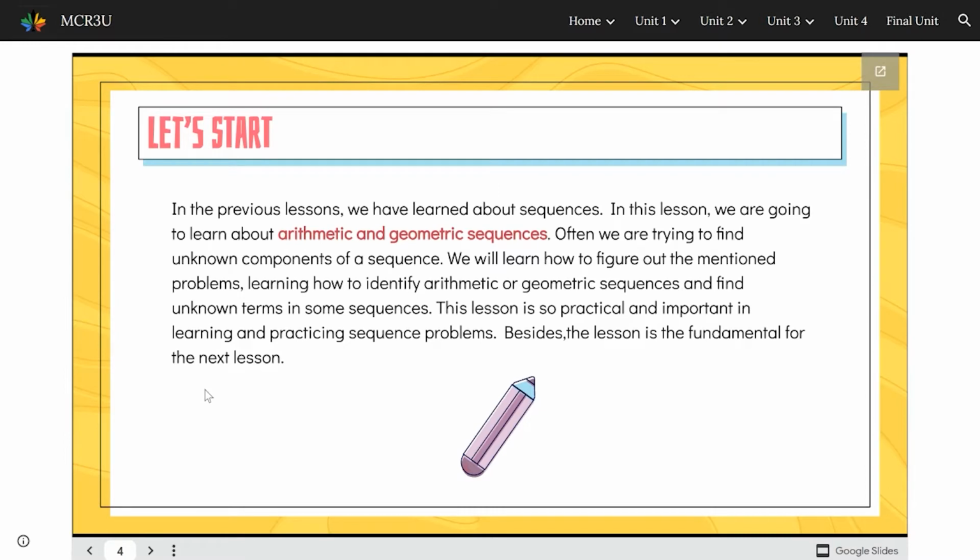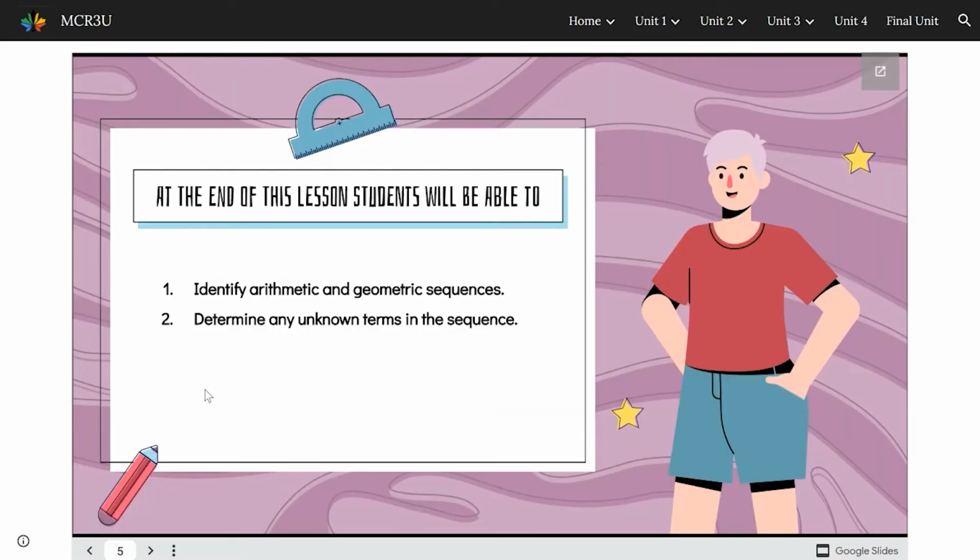At the end of the lesson, you have a unit 1 test on defining arithmetic and geometric sequences and determining any unknown terms in the sequence. Don't forget about that.